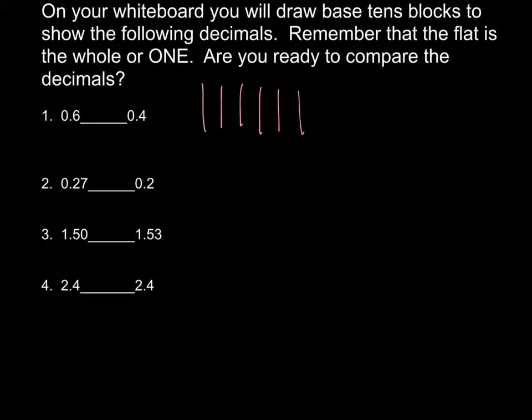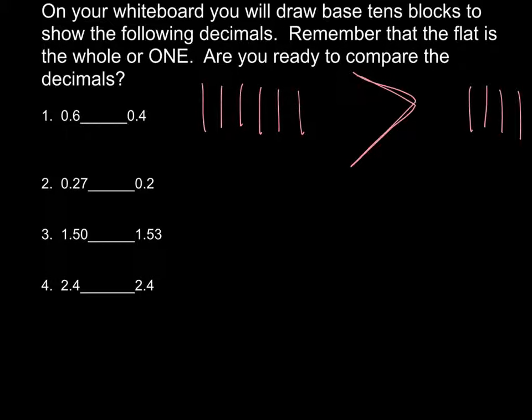I'm going to represent that with 4 longs. 6 tenths compared to 4 tenths is greater. Therefore, my sign is open to the 6 tenths. Let's go to number 2.